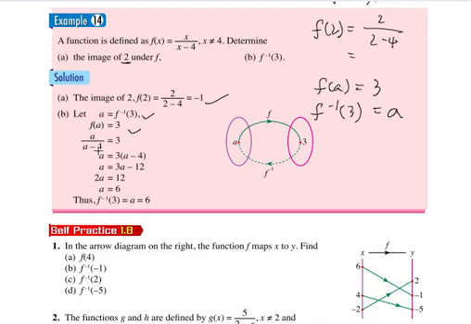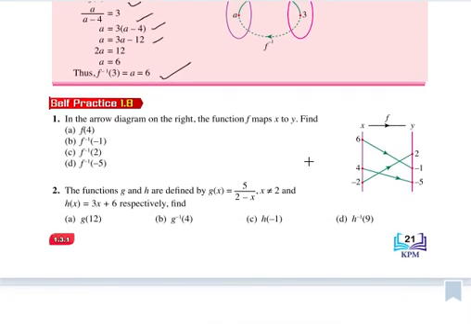So a over a minus 4 equals 3. Now cross multiply, and then do the normal linear equation. 3a minus 12. And then 3a minus a becomes 2a, and this 12 goes there becoming positive 12. And a equals 6.